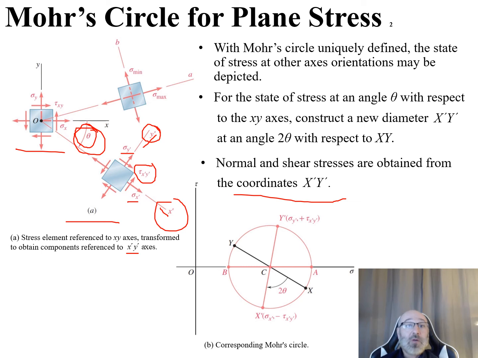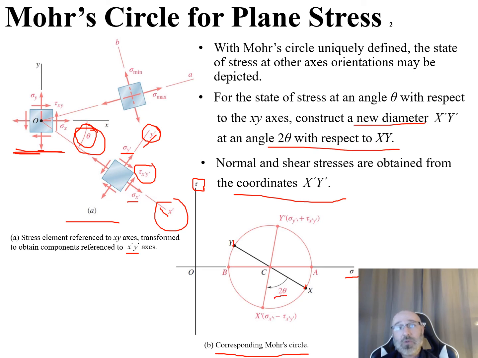So looking down here, we can see our corresponding Mohr circle. We take a look at our axes, and again, we have our normal stress, our sigma, on our x-axis, and our shear stress, our tau, on our y-axis. There's our standard diameter, our x, y, which we can correlate back to our standard XY coordinate system. And as we said before, this new diameter is at an angle of 2 times theta with respect to XY.